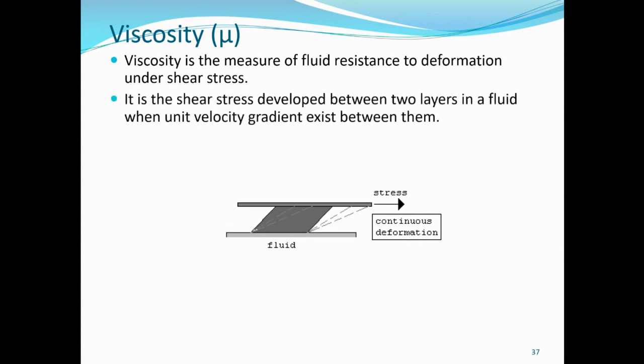Now, viscosity is the shear stress developed between two layers in a fluid when a unit velocity gradient exists between them. When you have two fluid layers moving in a given medium, they don't move with the same forward velocity.